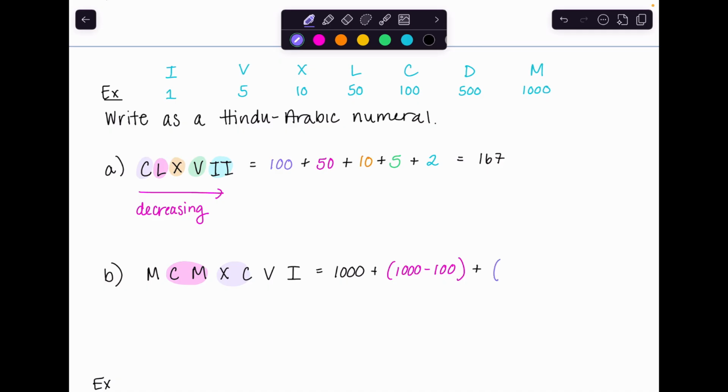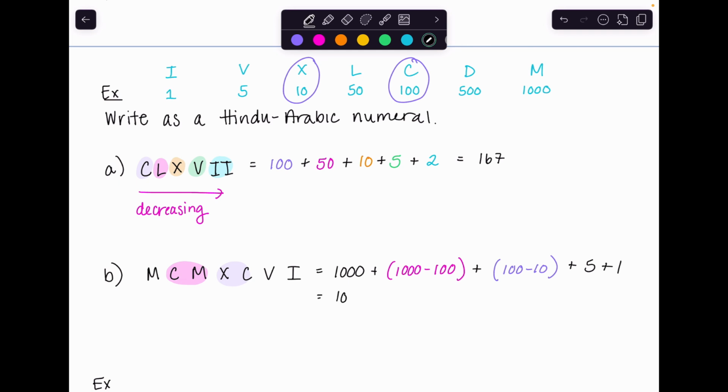Then looking at XC, from C, which is 100, I'm going to subtract 10. Okay. And then last up, we've got V, which is 5, and a single I, which is 1.